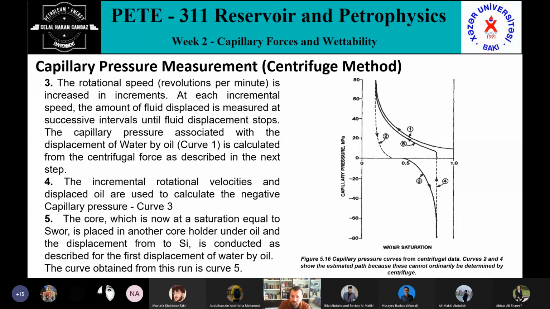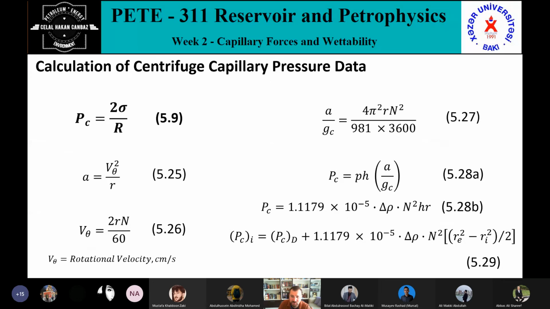So actually in this centrifuge capillary pressure measurement method, there are some formulations. Okay, so you remember equation 5.9 we already mentioned here, which has been described by Slobod et al. This formula.